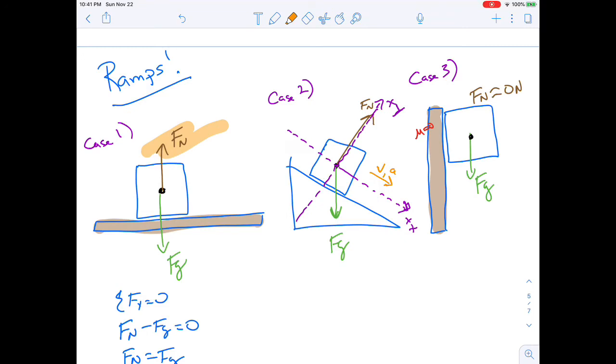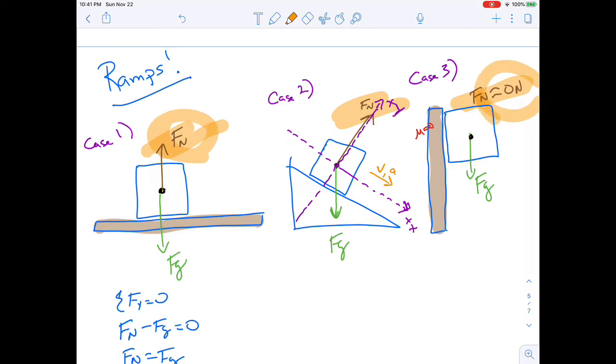In case 3, when your object is on a vertical surface, your normal force approaches 0. That means in case 2, your normal force is going to be somewhere between the maximum amount and nothing.